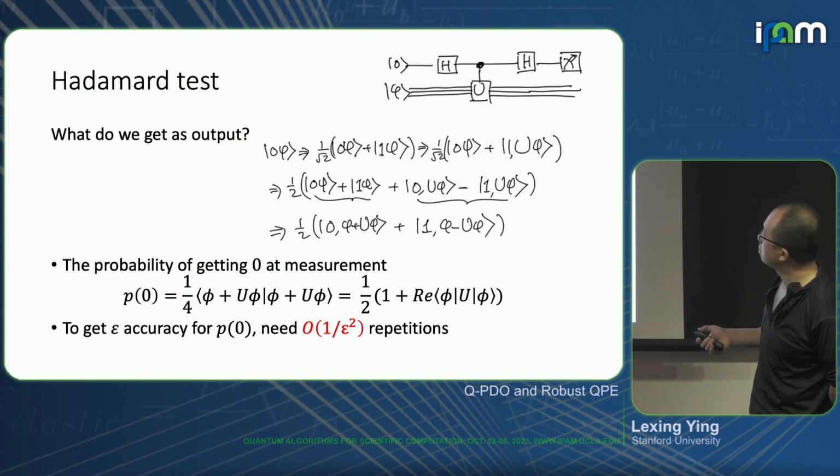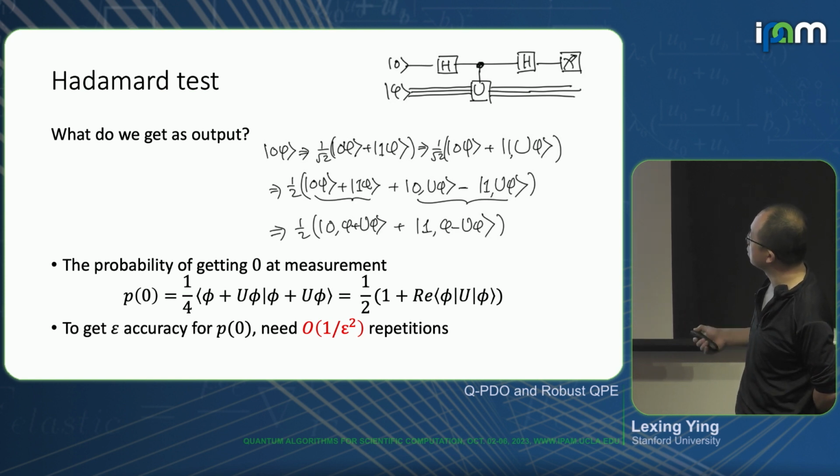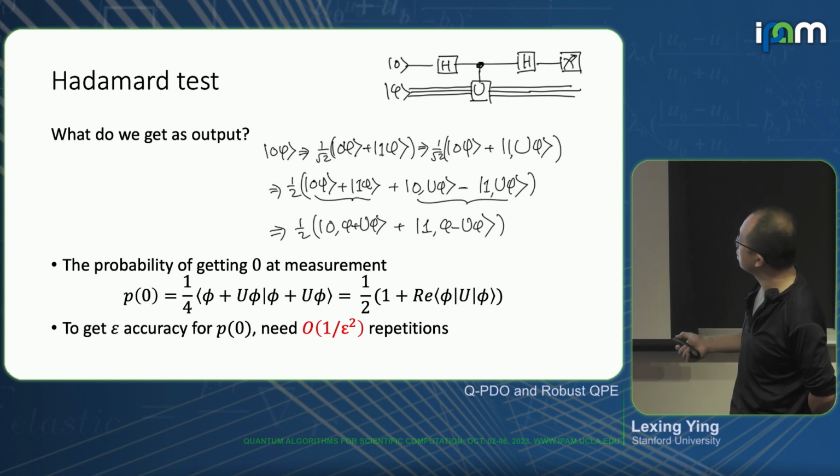Here I'm going through the calculation, feeding in the 0, phi quantum state and writing down what happens after each step. At the end, to save time, let me skip this, the state is a combination of 0, phi plus U phi and 1, phi minus U phi.